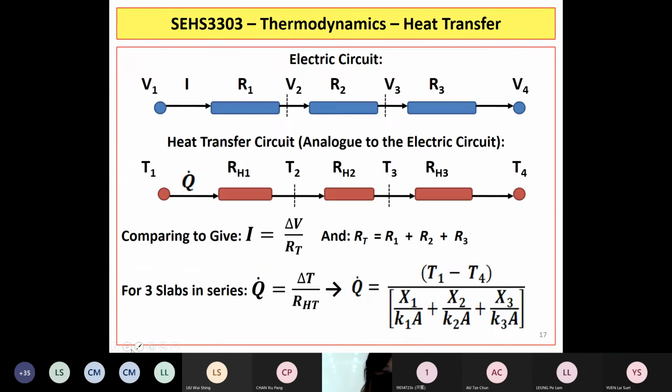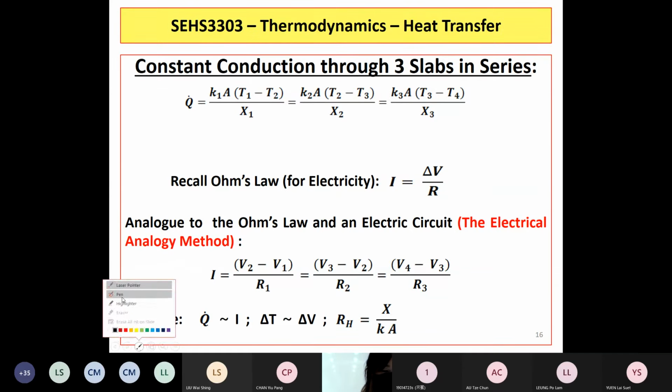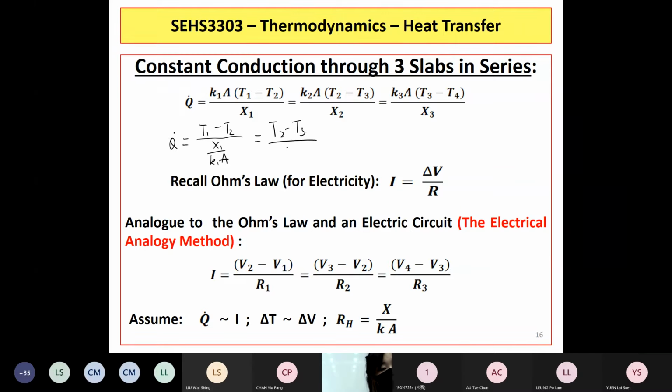Okay, this one, we already rearranged it like this. Right? X2, K2, area.